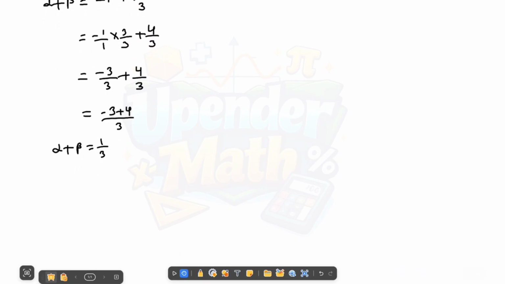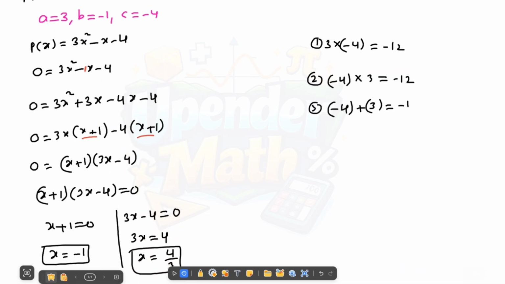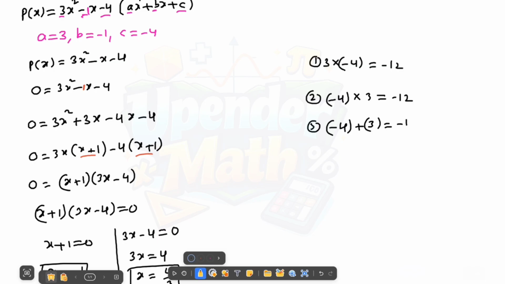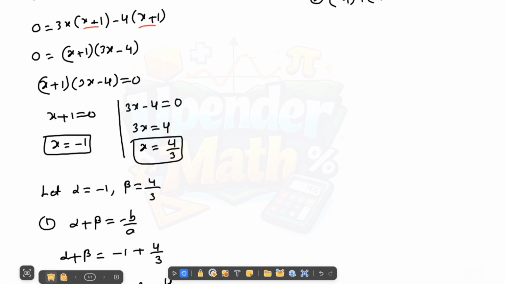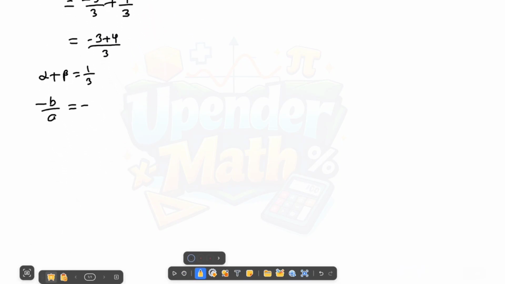Now the -b/a value. What will be the -b/a value? What is the b value? b is -1, a is 3, c is -4.